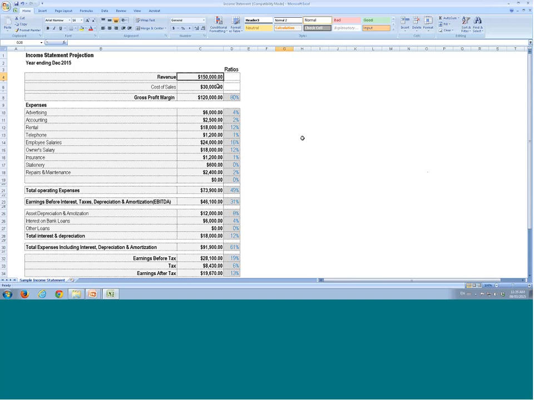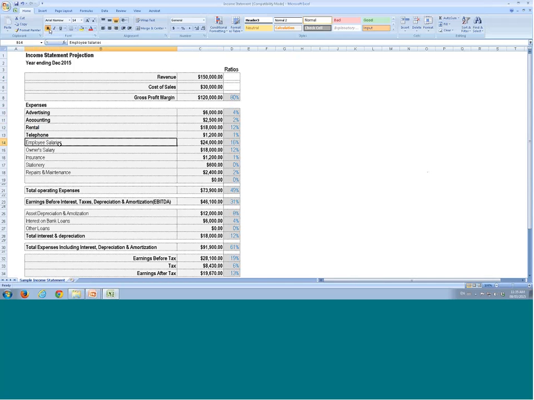It did a revenue of $150,000. It had a cost of sales, or its inputs, of $30,000, giving it a gross profit of $120,000. Advertising was $6,000. Accounting fees were $2,500. Rental for the premises, $18,000. The telephone was $1,200.